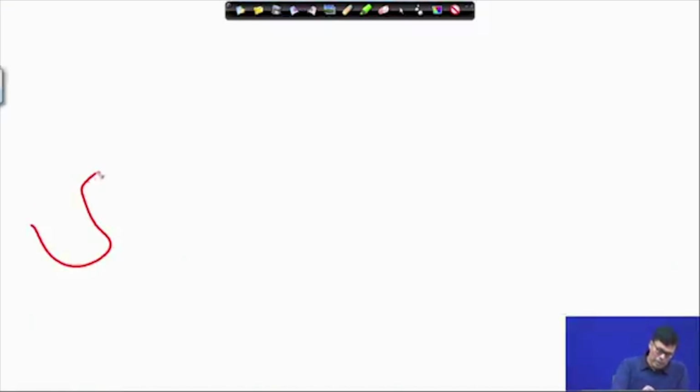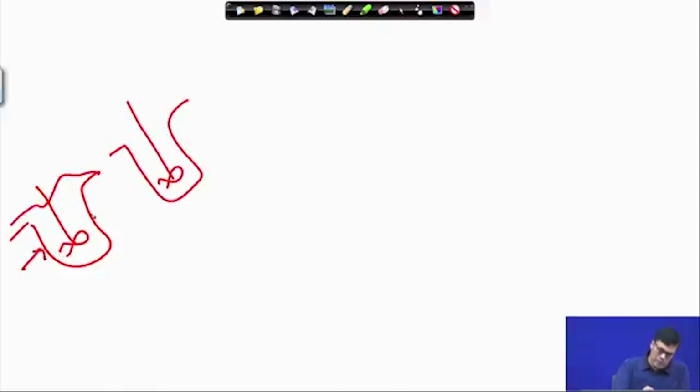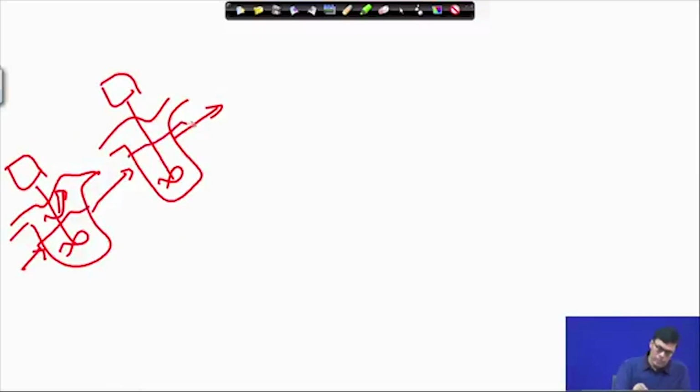Suppose this is the first reactor and this is the second reactor, am I right? Here you have x0, S0, this is S1 and this is S2. And x0 equal to 0, this is x1, and this is x2.